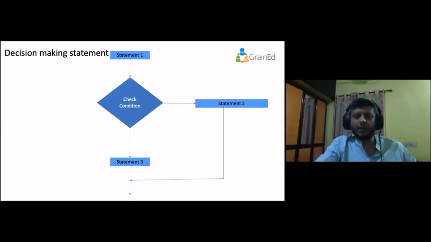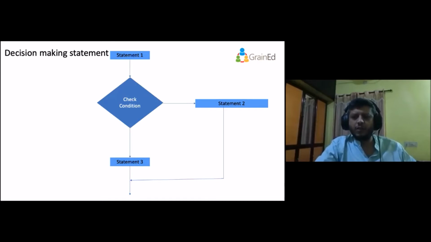It could be multiple other criteria, but there is a check condition, and depending upon its outcome, your program will either take a turn and execute statement 2, and continue executing the remaining statements. Or if the check condition is true, it might go directly to statement 3 and continue executing it.